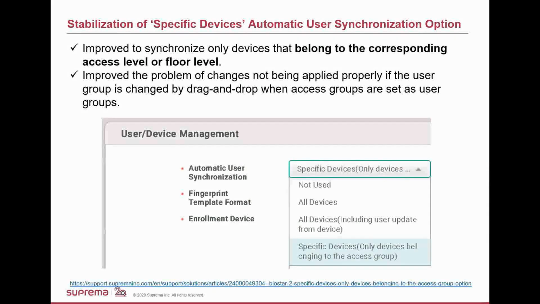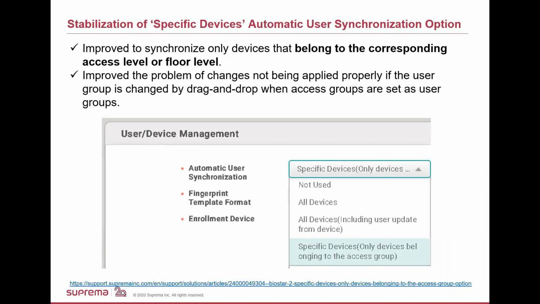Our fourth new feature and improvement in BioStar 2.7.14 is a stabilization of the specific devices automatic user synchronization option. You may remember the specific device auto user sync mode supported from BioStar 2.7.11. However, there were some limitations of the feature, and Suprema improved it for better usage.